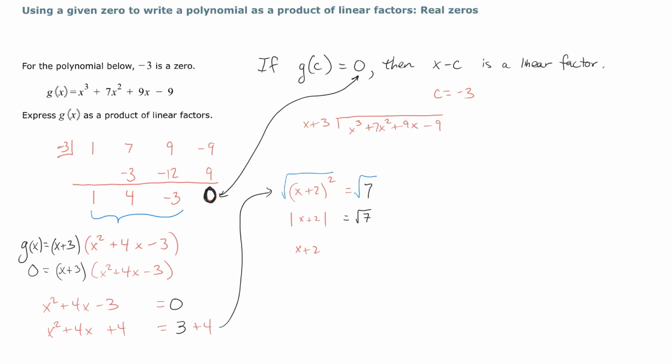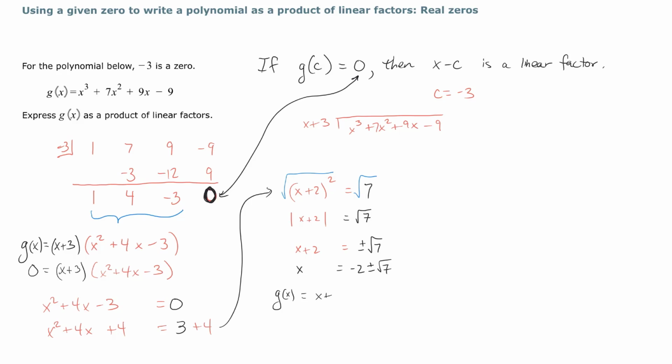X plus 2 is equal to plus or minus square root of 7. And we have x is finally equal to negative 2 plus or minus the square root of 7. We're not done yet. We need to write g of x as a product of linear factors.